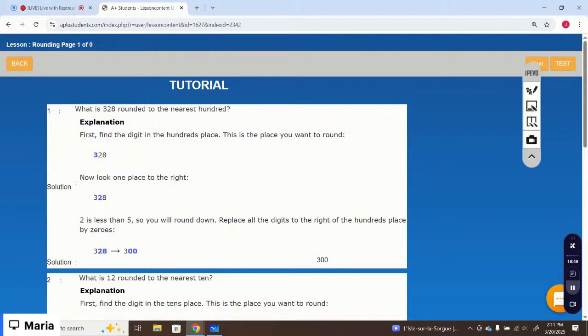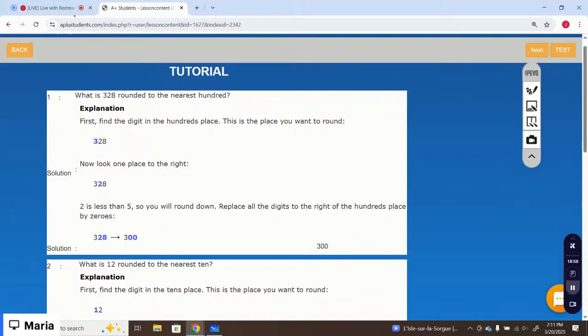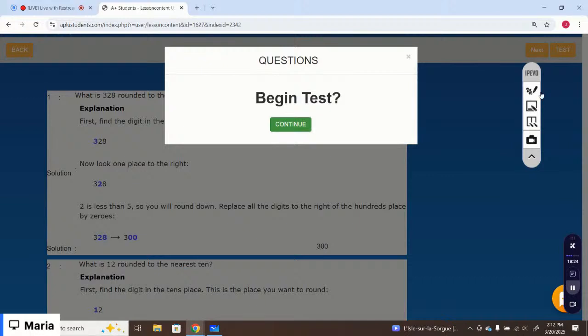What is 328 rounded to the nearest 100? 328 is rounded to 300. Let's just start with the test questions.